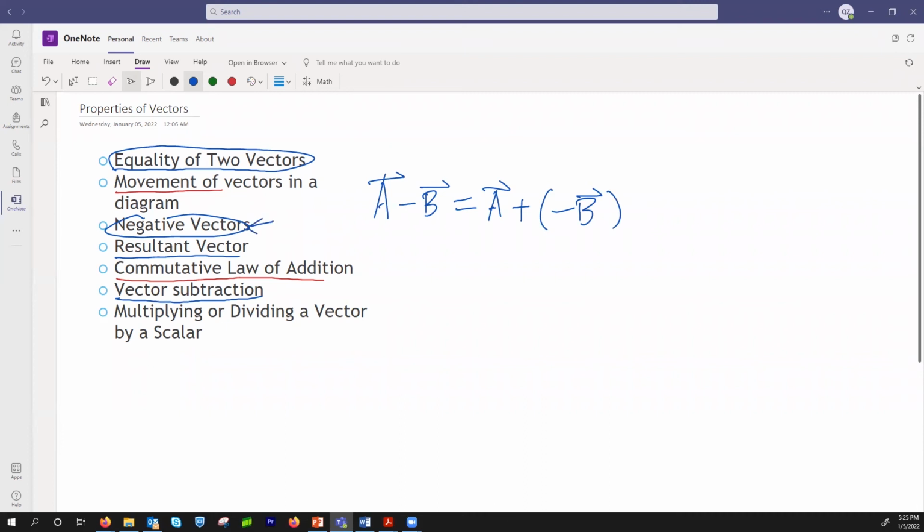You all know how to draw the negative vector or find its value if the first one is known. So for example, if we have vector B here, then the negative vector B would be like this. When we add the two vectors together, it's called the resultant vector. Again, this is a little bit more complicated and we'll discuss it another time.